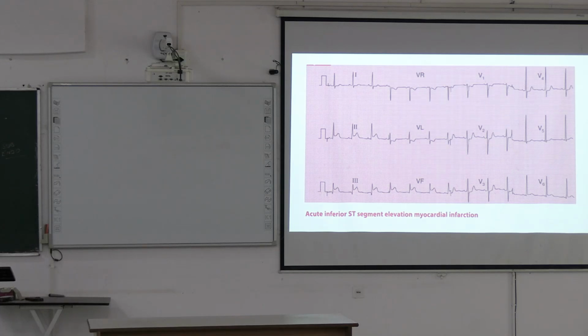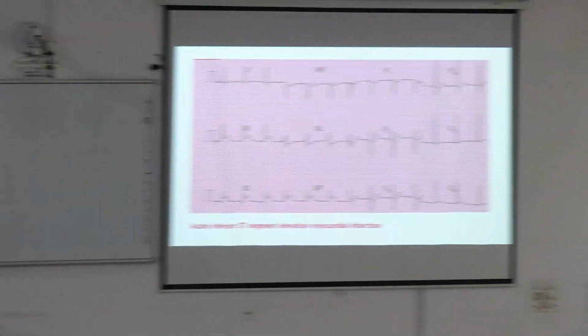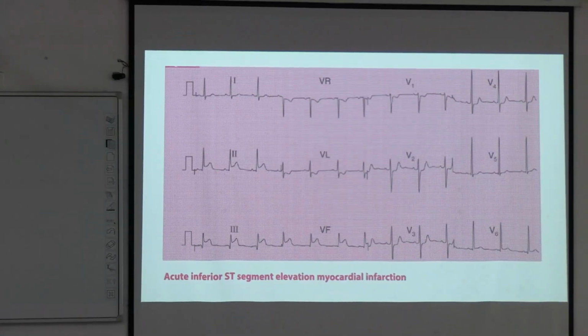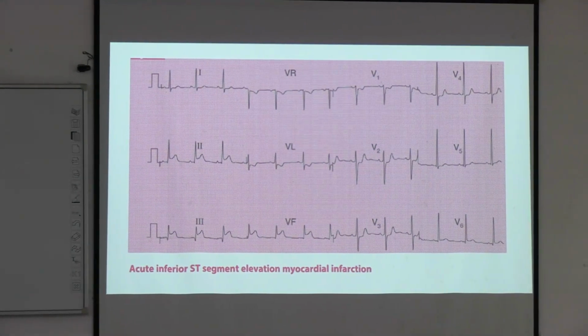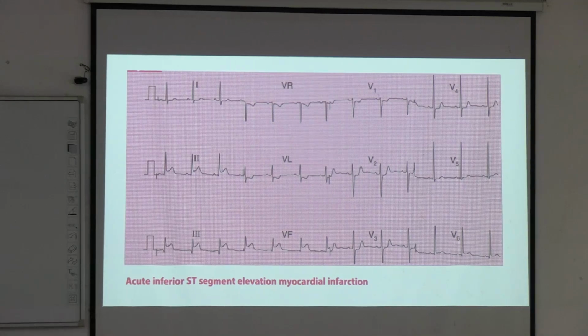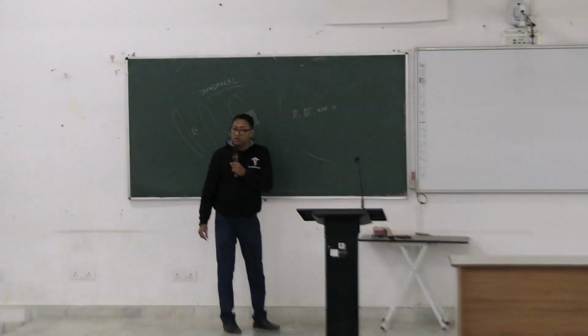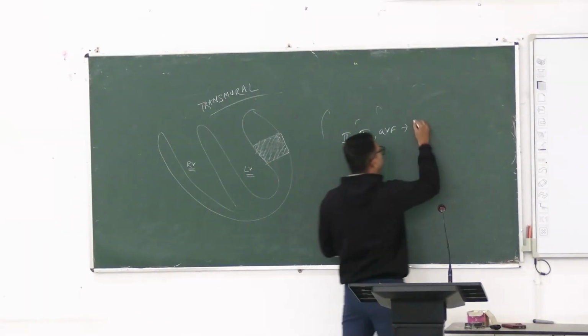Now you need to remember the wall. Which lead of the heart represents which wall? Okay. So let us study this. If there are changes in lead 2, 3, AVF, it denotes the inferior wall of heart, right?